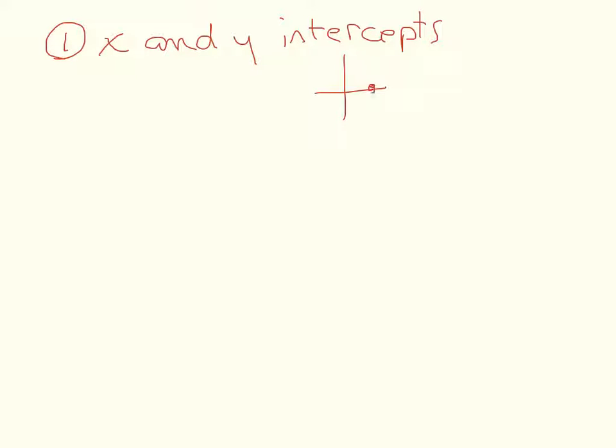So one of the first things that we will need to look at when we have a function is what are the x and y intercepts. Remember, if we have an x-intercept, the y value is 0. So there's some x and y is 0. If we have a y-intercept, in this case, x is 0, and we have some value of y.